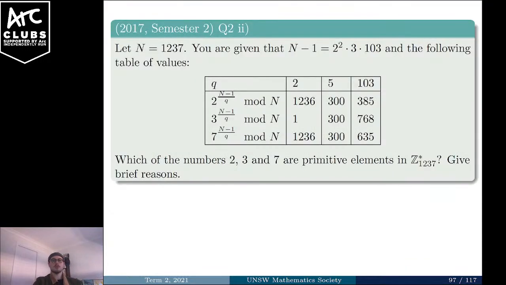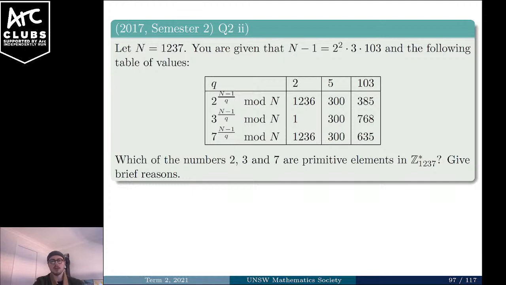So there's a question here, and it's really helpful because it's all laid out in a table. It's giving you all the information you need, right? So the question asks: which of the numbers 2, 3, and 7 are primitive elements in Z star, and give brief reasons.